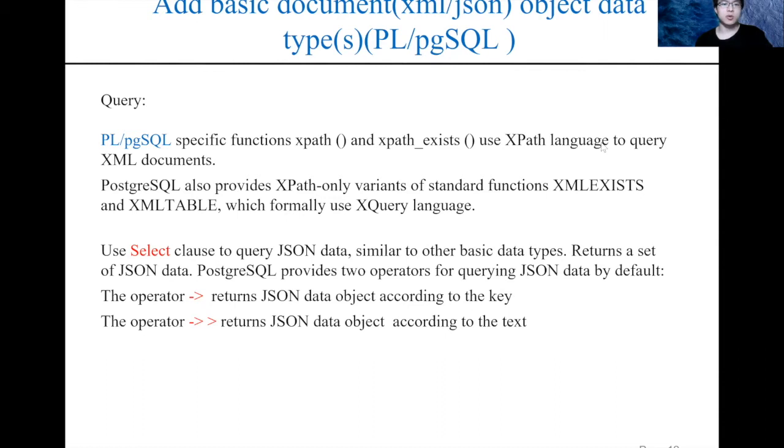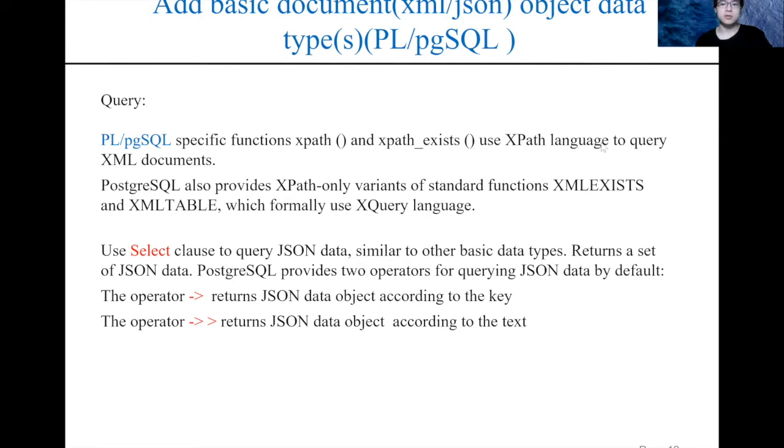PostgreSQL also provides XPath-only variants of standard functions, XMLEXISTS and XMLTABLE, which formally use query languages. For all these functions, Postgres only provides the XPath 1.0 version.